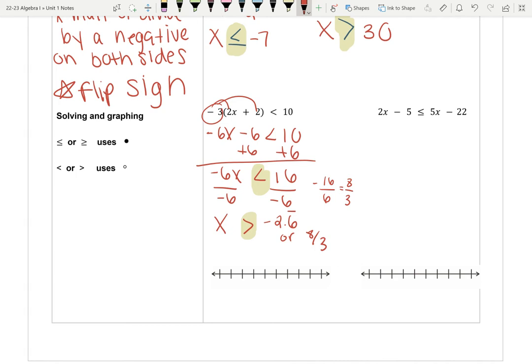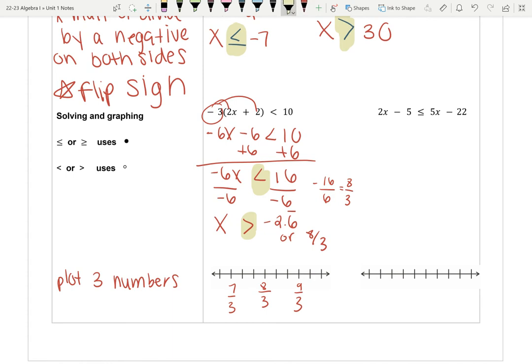Now I'm going to have to graph this on the number line. So to graph it on the number line, I would at least plot 3 numbers. So the first thing I'm going to plot is the number that I solved for, so 8 over 3. And if you want to use decimals, that's fine too. And then I'm just going to take one bigger and one smaller than that number. So I'll do 7 over 3, and then I'll also do 9 over 3.